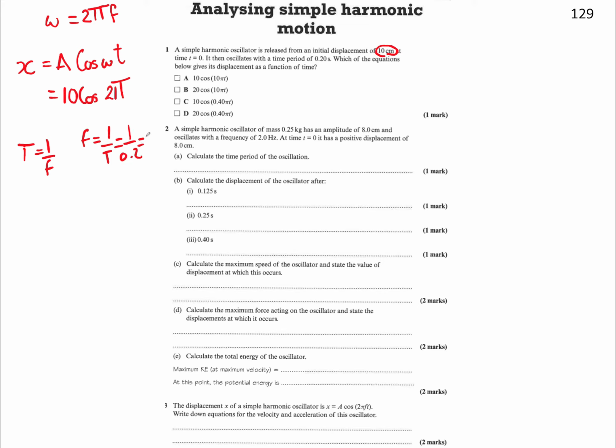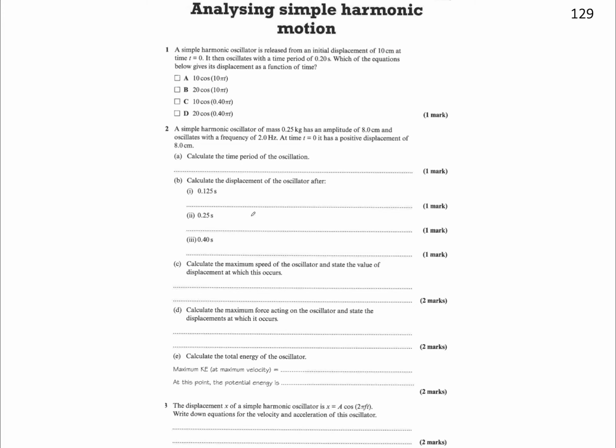So that 5 will go here. And the time is whatever it is, t. So you've got 10 cos 2 pi times 5, which is basically 10 pi. It'll be 10 cos 10 pi t, which is the answer just there. Okay, cool.